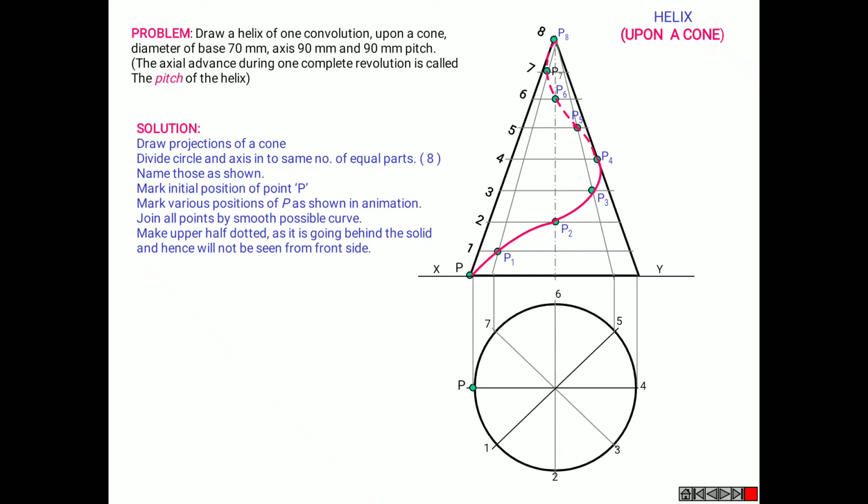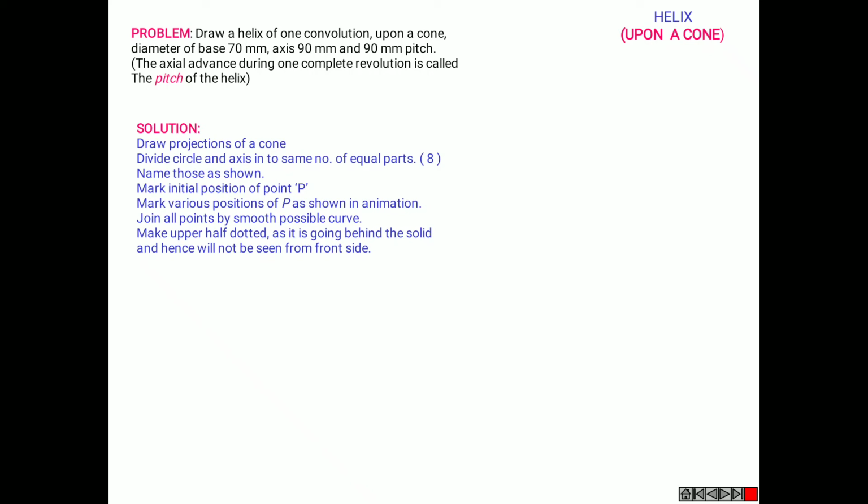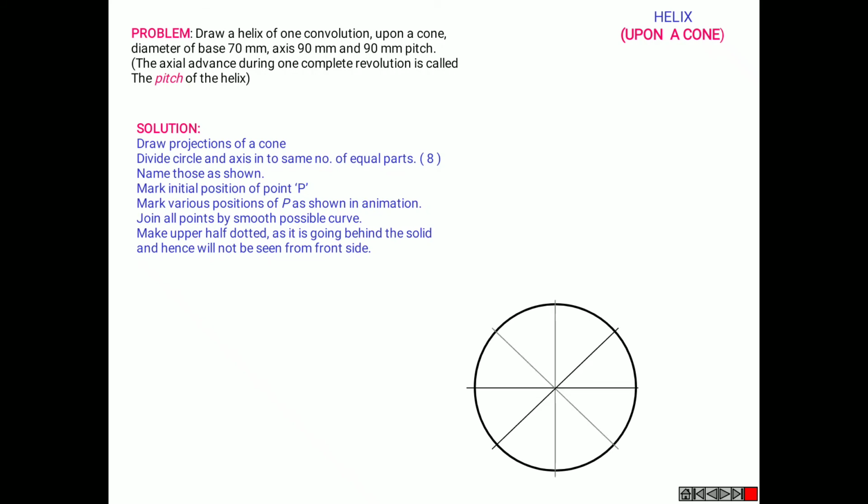Okay, we'll see it again. Draw a circle, divide into 8 equal parts, and draw the projections of the circle. The cone's front view looks like a triangle and the top view looks like the base circle.